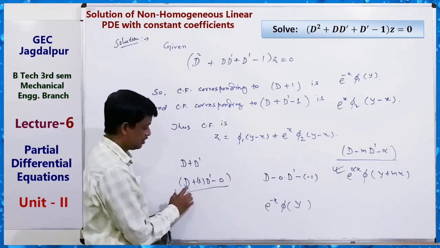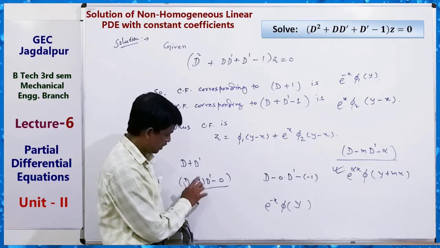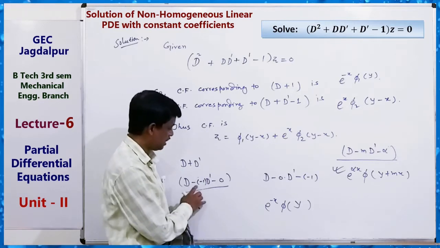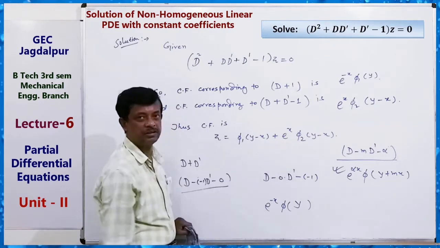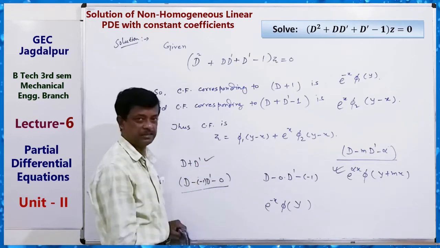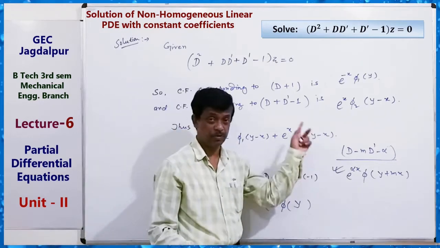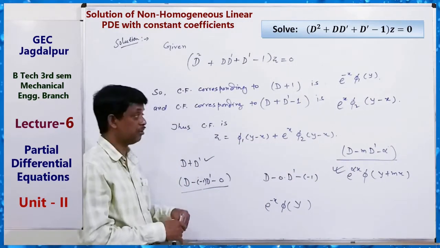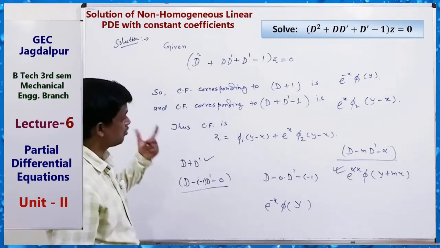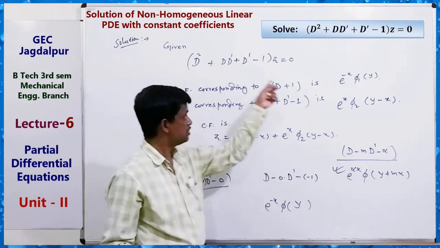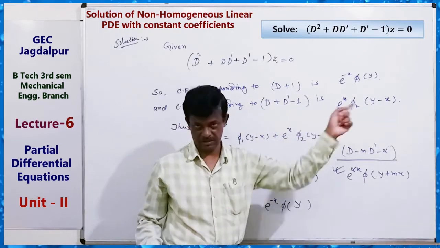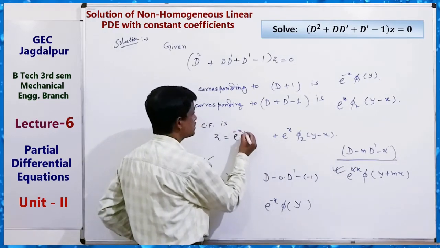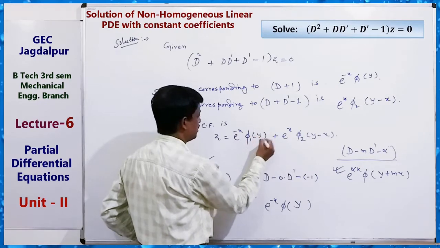This is a factor, D + 1, so (D − m D' − α). So this can be taken like this. This is the formula, only this is the formula, not D = m and D' = 1. That is not used here for non-homogeneous equations. So first of all we have to factorize, and then corresponding to each factor we use its formula. Therefore here e^(−x) φ₁(y). Okay, this is the answer.